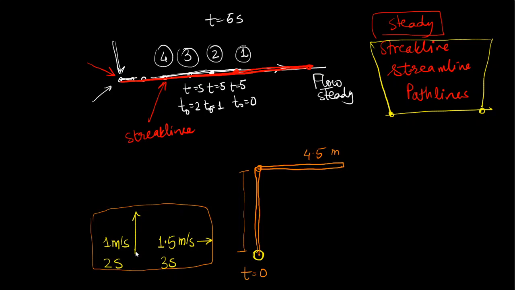But now let us inject a bunch of particles successively at this particular point. For 2 seconds all the particles are injected at this point, so all the particles will move along this line.